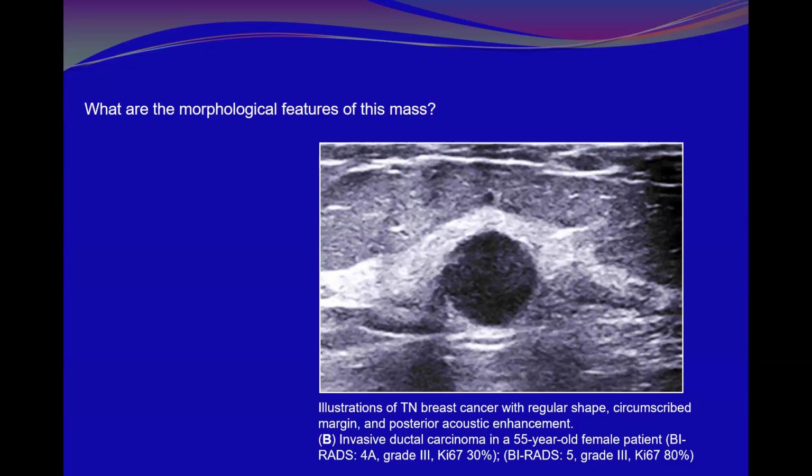In spite of that description, they reported it as BI-RADS 5, and it was grade 3 invasive ductal carcinoma. I don't know whether this is BI-RADS 5 in retrospect or based on what they reported.